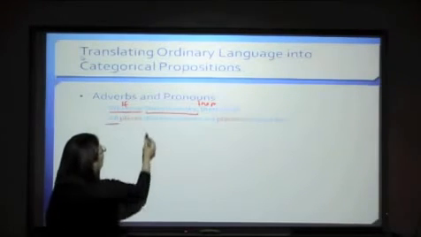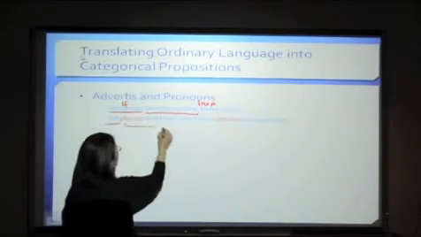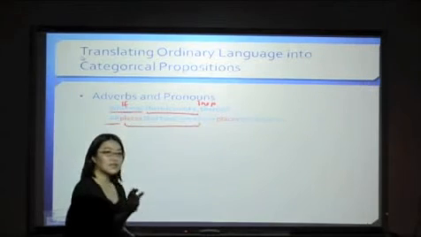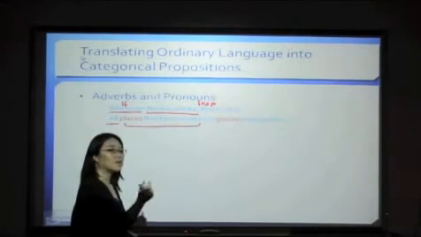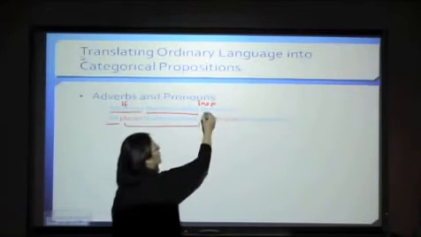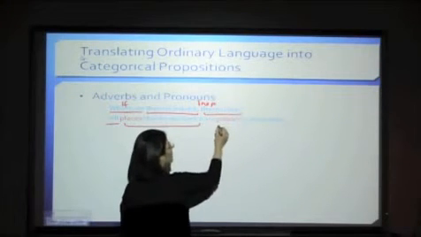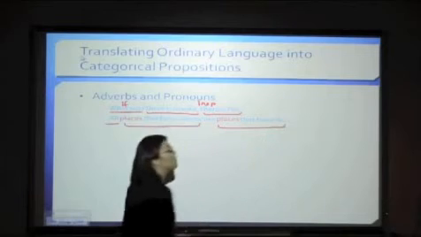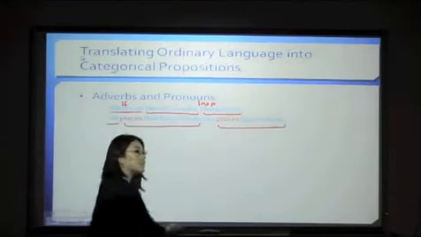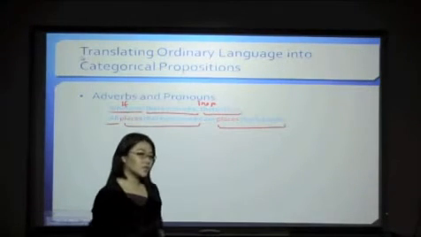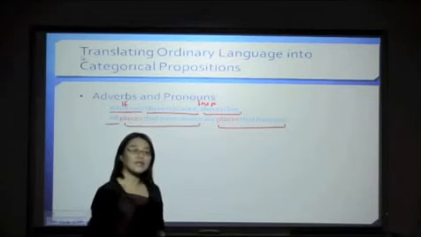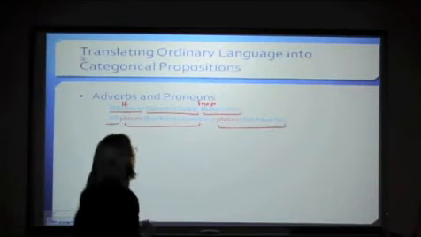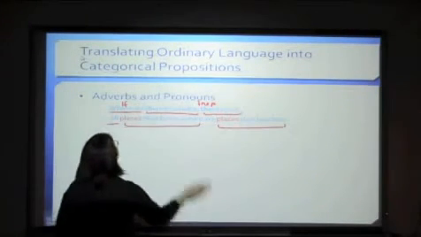So notice how we have now places that have smoke as the subject term of our standard form categorical statement. And what comes after the then will be the predicate. So here we have places that have fire. Now this is going to be the case with all conditional statements, and we'll talk a little bit more about that, except for one exception, if the statement uses the phrase only if, okay?